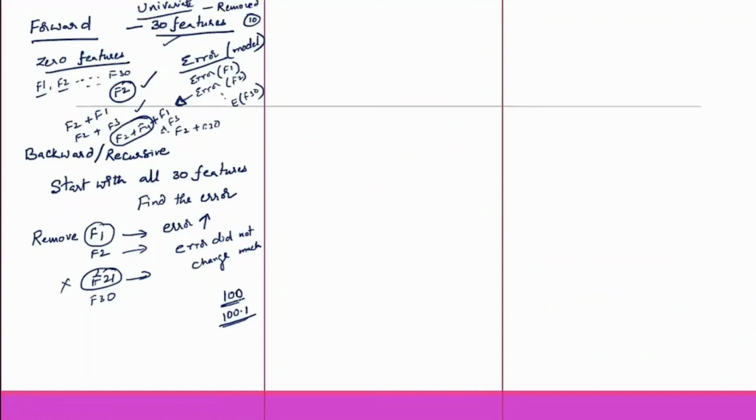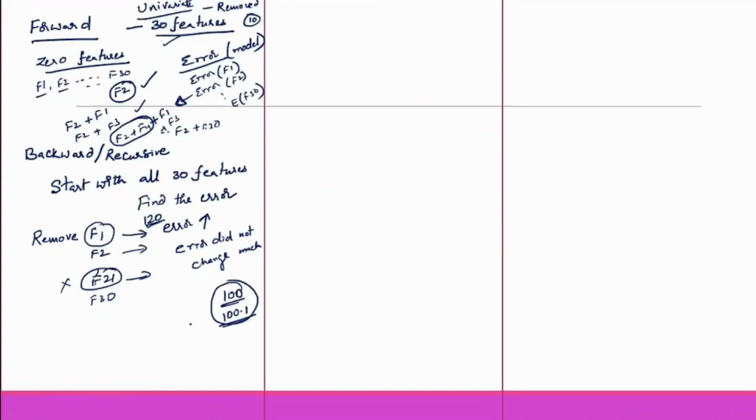Whereas if I removed F1, suddenly, let's say the error has gone to 120. In that case, F1 should not be removed. Probably F21 can be removed because the error did not change much at all.